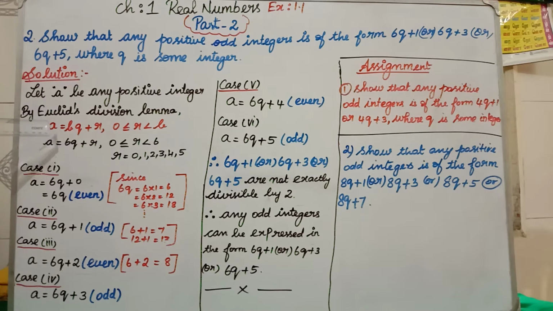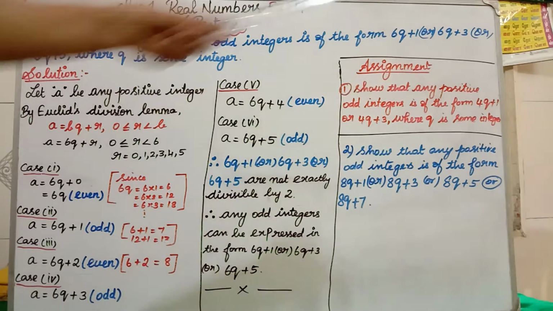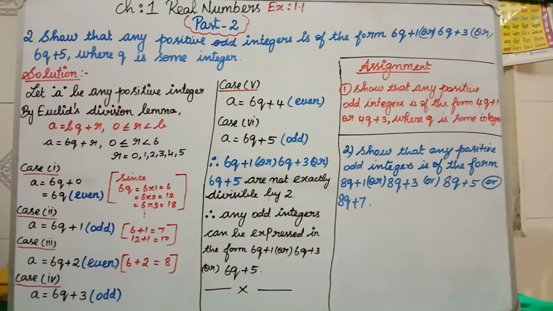Now I am writing a as such is equal to 6q plus r. Instead of b, what am I substituting here? 6. Why 6? In the question, they have given 6q plus 1, 6q plus 3, 6q plus 5. So before q everywhere we have 6. So instead of b I am taking 6, so 6q plus r.